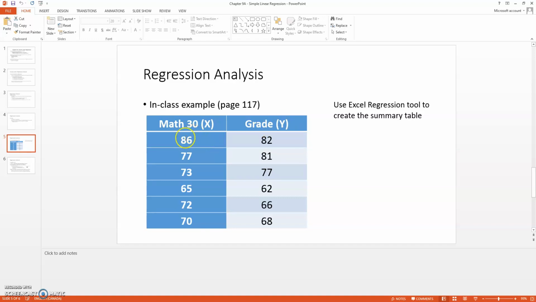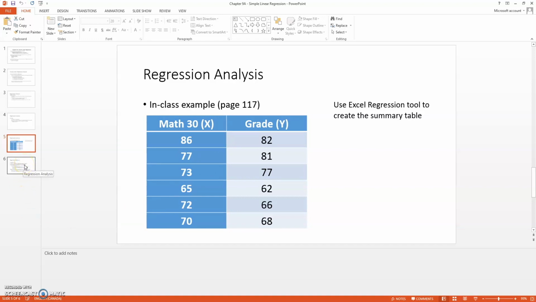So one student who finished with 86 got 82 in the stats course, and we have other observations. We're going to see if there's a correlation between the independent variable and the dependent variable, and if there is, we can actually develop and use the estimated regression equation. So that's going to be our process.